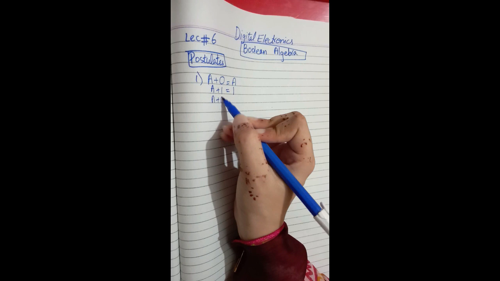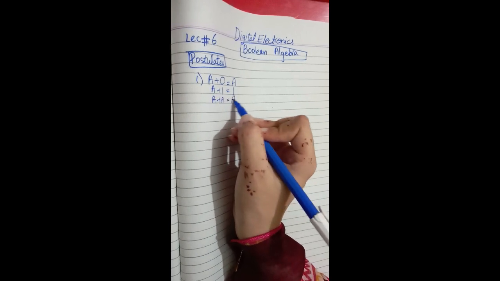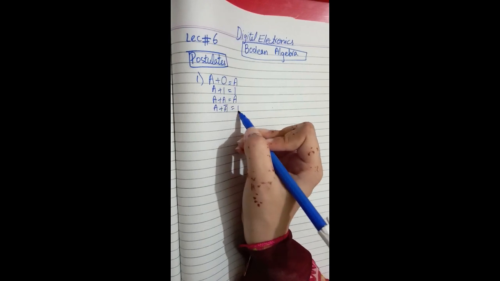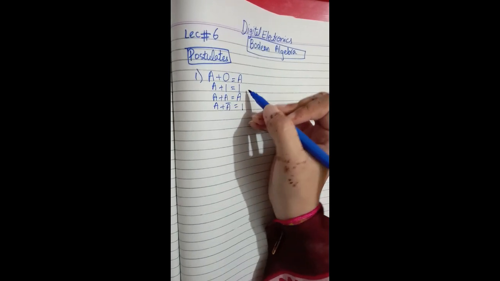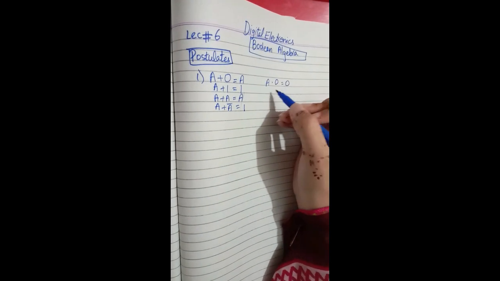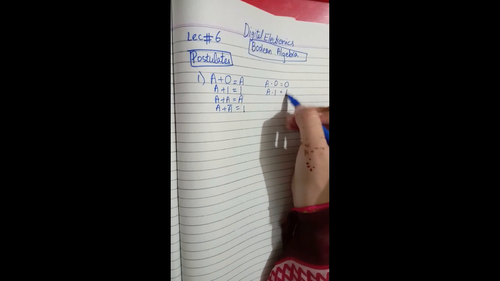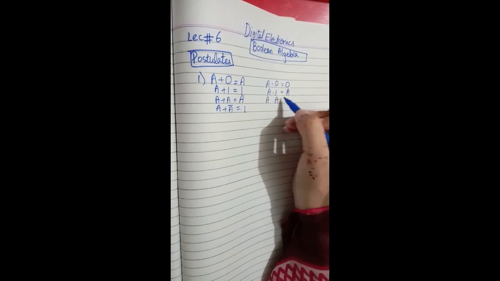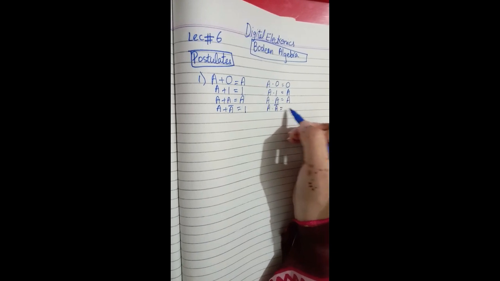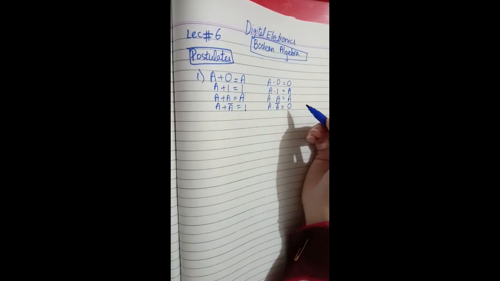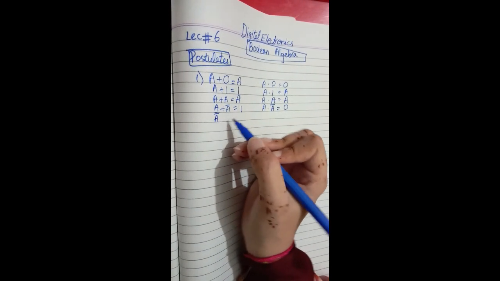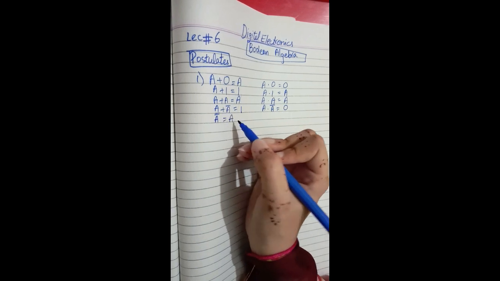A plus A is equal to A. A plus A bar is equal to 1. And for multiplication: A dot 0 is equal to 0, A dot 1 is equal to A, A dot A is equal to A, and A dot A bar is equal to 0. We will use them further, so you will know why these are important.